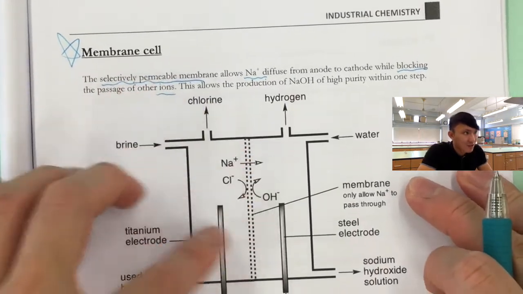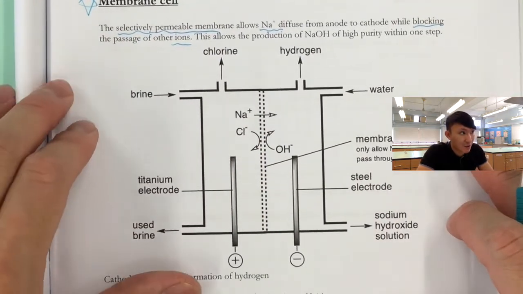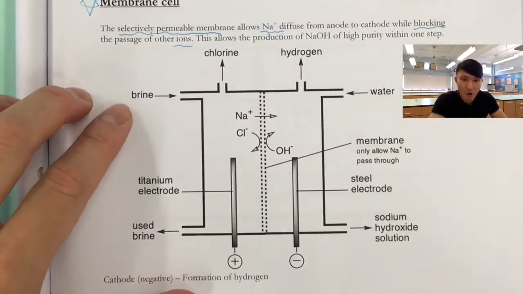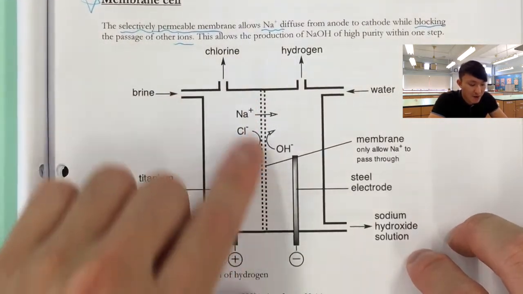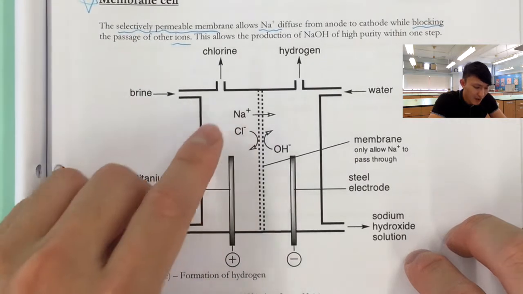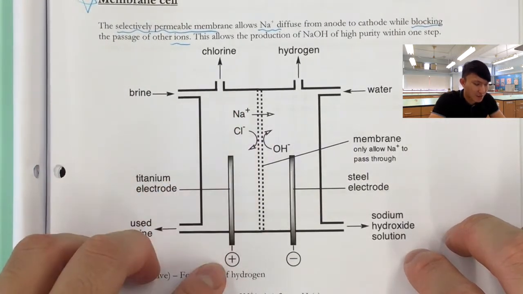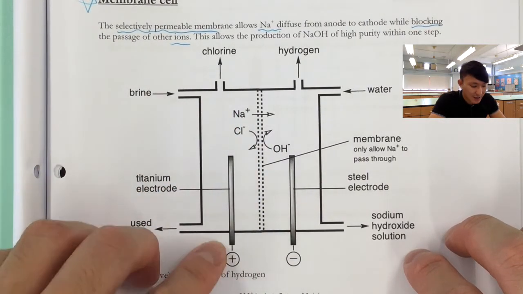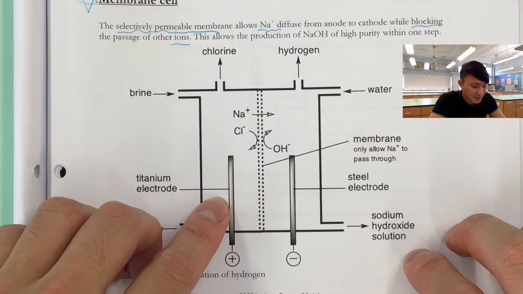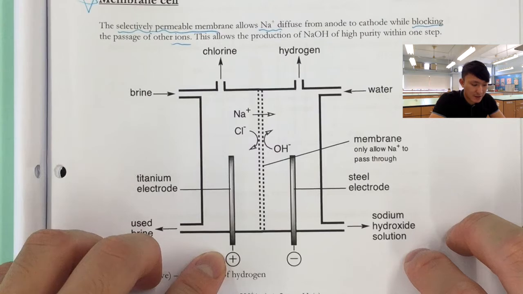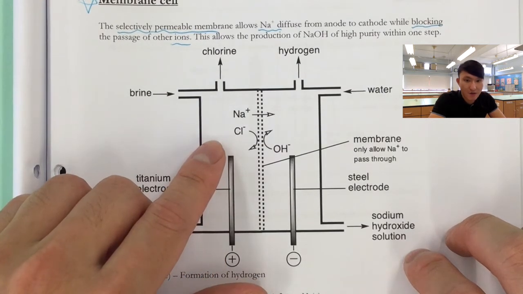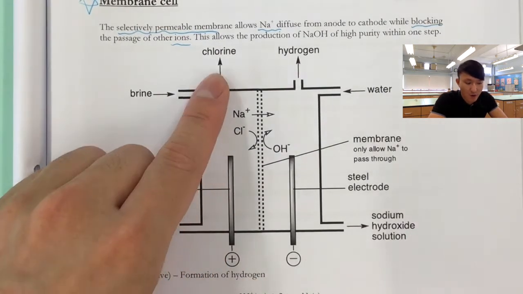Okay? Now let's look at this diagram and see how it works. We start from the top left-hand corner, where the brine is loaded into the chamber on the left. The chamber on the left is where the positive electrode is stationed, and here at the positive electrode, you will expect to see the chloride ion discharged to form chlorine gas.